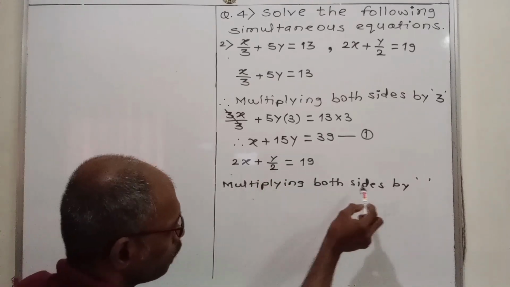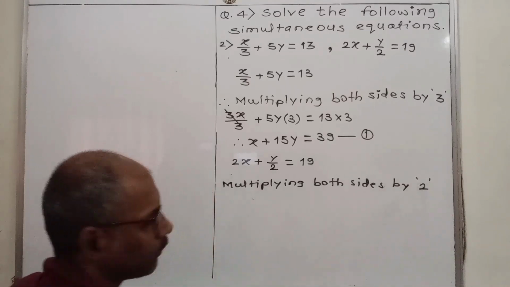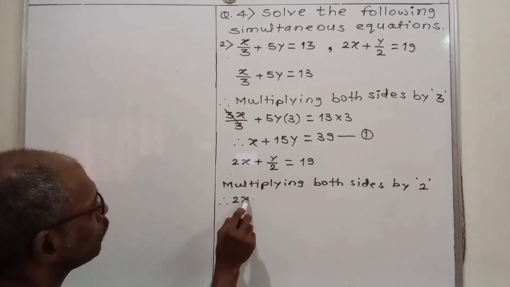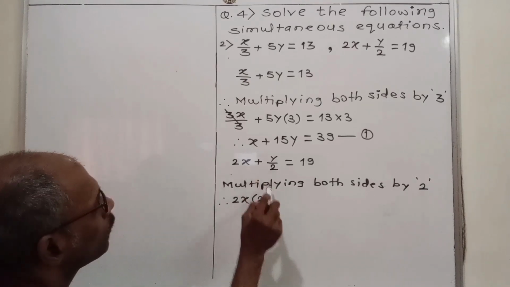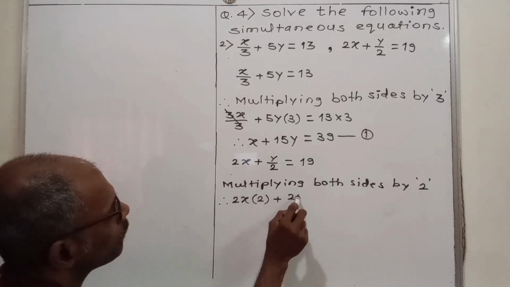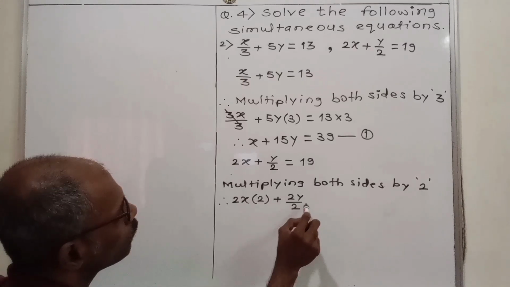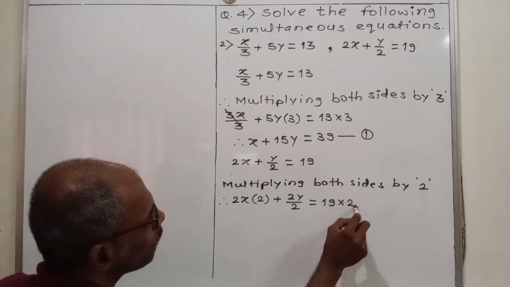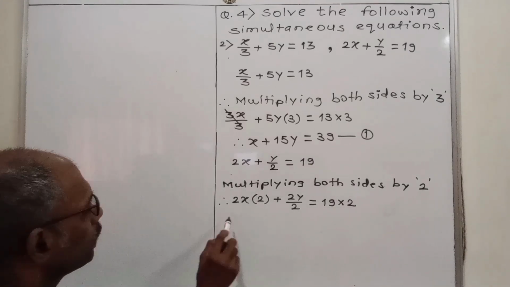So multiplying both sides by 2. See here. Therefore 2x into 2 plus 2y upon 2 is equal to 19 into 2.